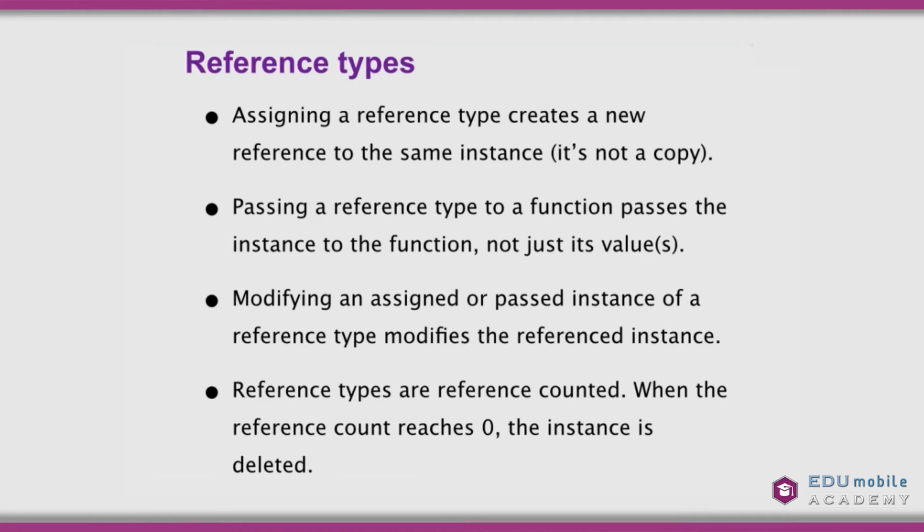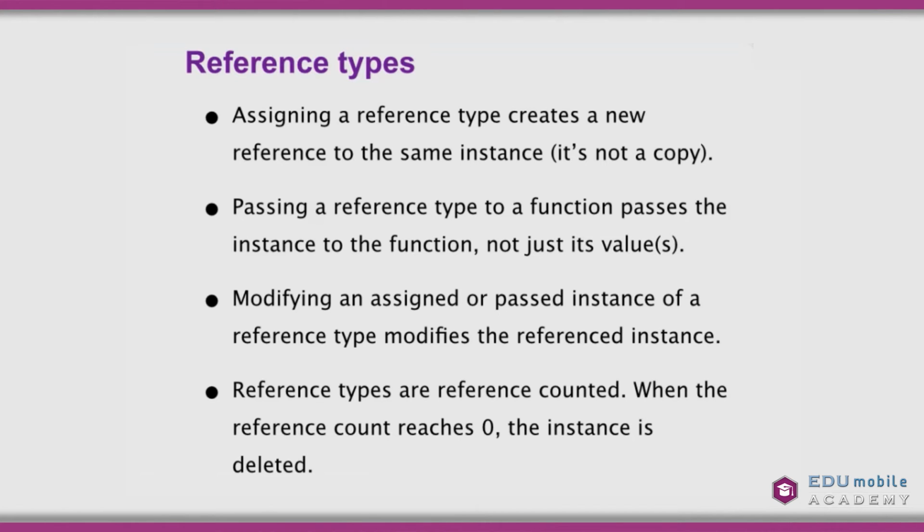Now, modifying an assigned or passed instance of a reference type modifies the instance that we're referring to. If we have an object, an instance A, which refers to a class type, and then we say B equals A, now we do B.someValue equals 19, and then look at A's someValue, it will be 19 as well.